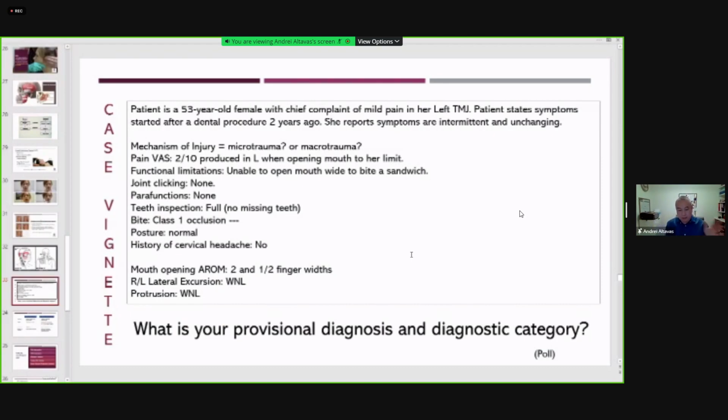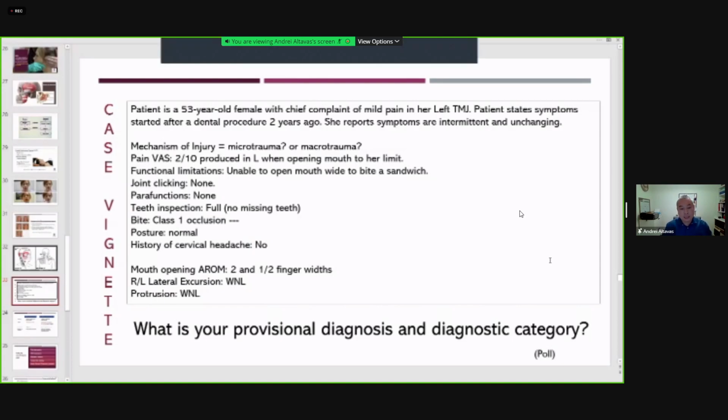You can probably discern that it's probably not contributing to her pain. But if they tell you they have neck pain with a headache, usually unilateral, one side and things like that, that's when you start looking into the cervical spine in more detail. So for a cervical headache, she does not have a cervical headache.